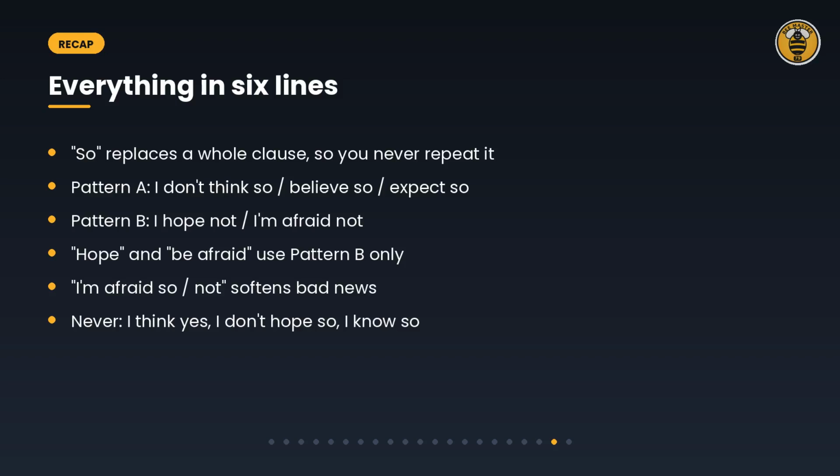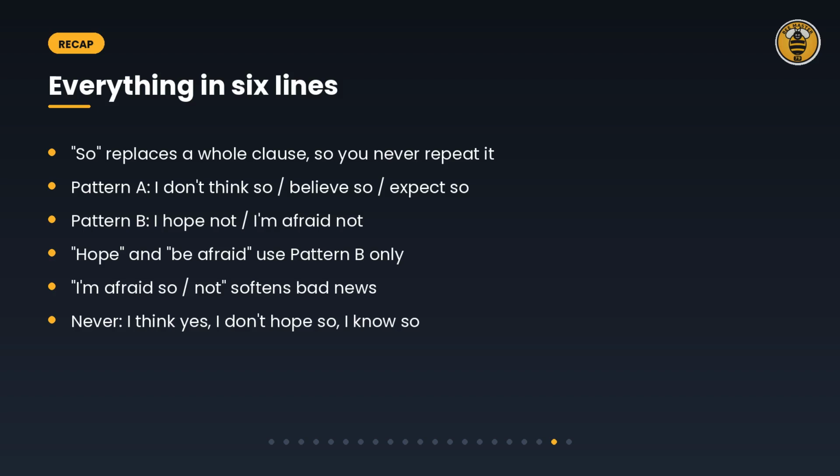Let us recap everything in 6 lines. 1. So replaces a whole clause, so you never have to repeat it. 2. Pattern A puts the negative on the verb. I do not think so. 3. Pattern B replaces so with not. I hope not. I am afraid not. 4. Hope and be afraid use pattern B only. 5.